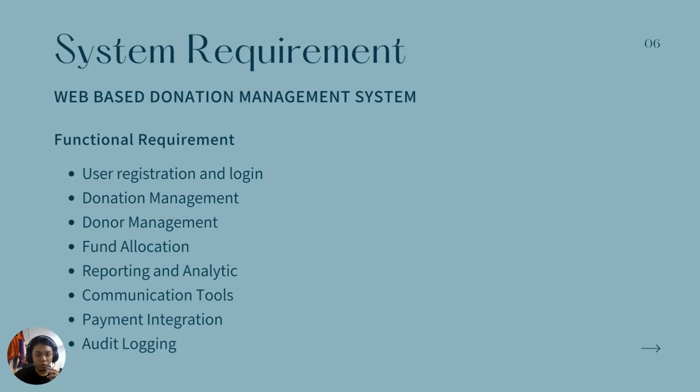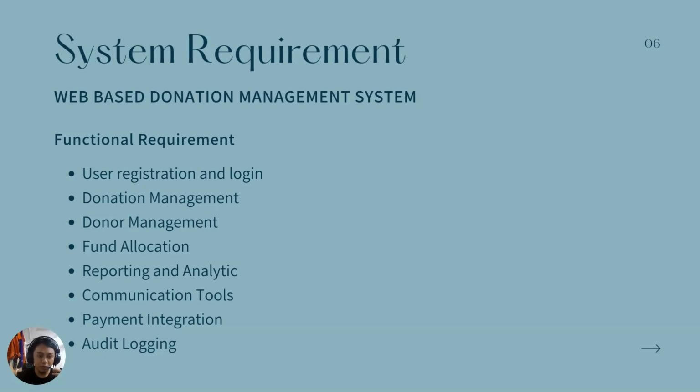The fourth one is the fund allocation. This is for the administrator to allocate the fund to the project that the beneficiary requested. And the next one is the reporting and analytics. This is especially for the administrator to analyze and plan any further plan for the stakeholders.